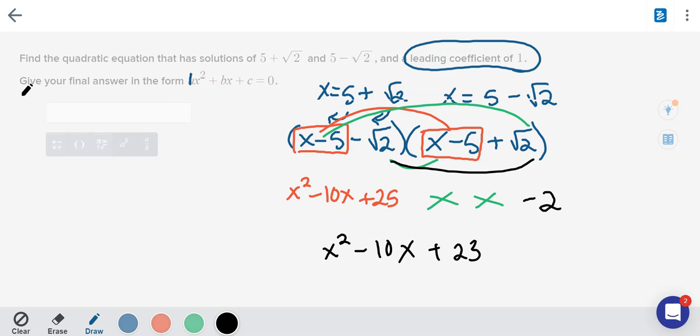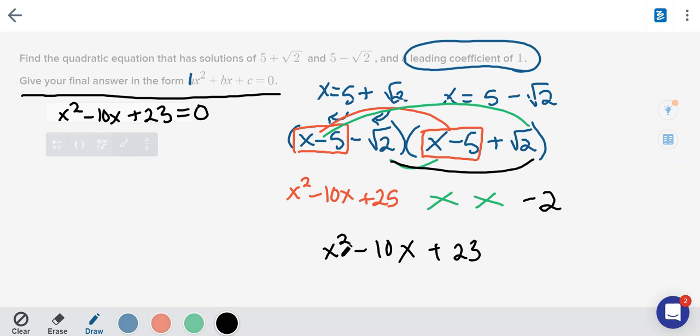Okay, so look at how it's telling you to write your answer. X squared minus 10x plus 23 equals 0. If you were to solve this equation, you should get these two answers.